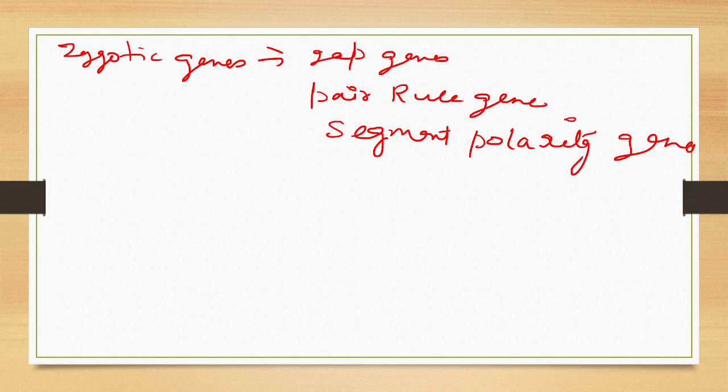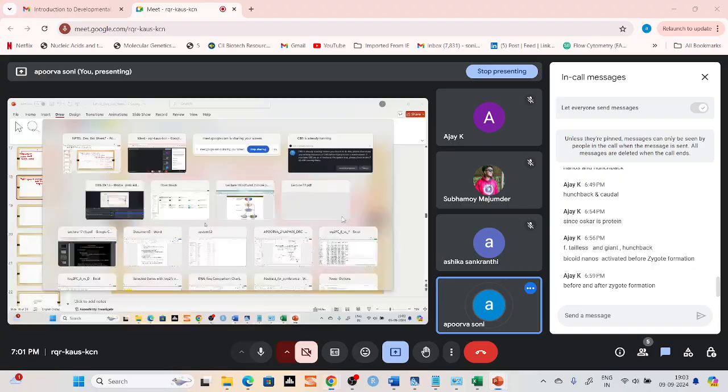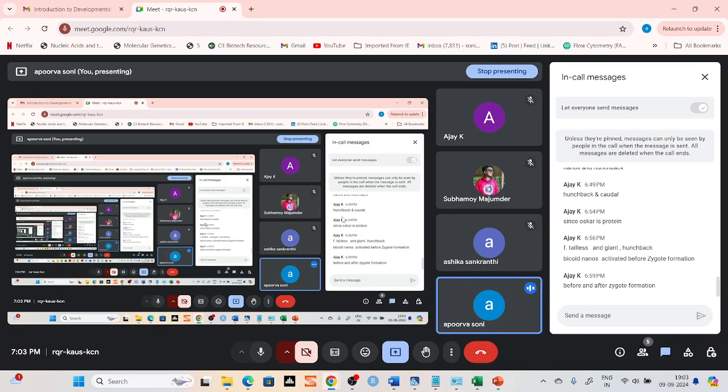I'm forgetting the name. Can anybody remind me? The last category of genes, which gives the function to the segments that have been formed. Ajay, do you know the last category of the zygotic genes? Anyways, you can just go and check.